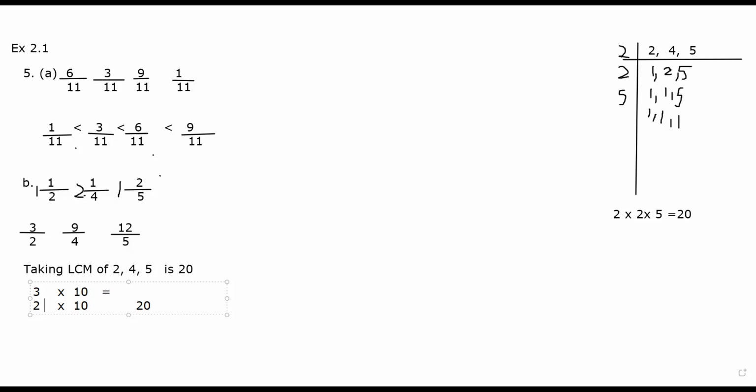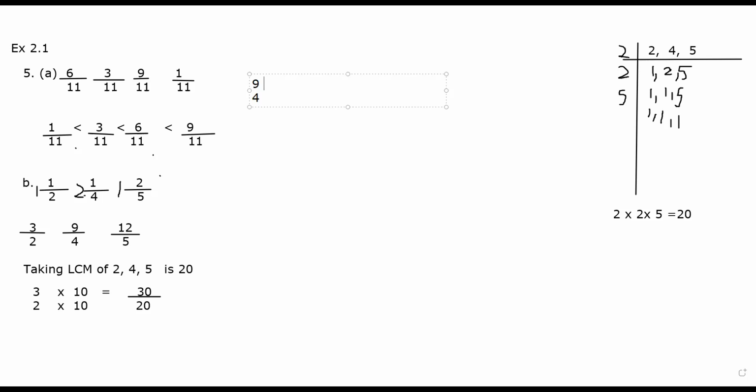So you can see that when we multiply below by 10 we get 20, and above we get 30. So this will become 30 upon 20. I'll just write it down directly. I didn't need to make all the equations. Similarly, we have to make the next one, that is 9 upon 4.